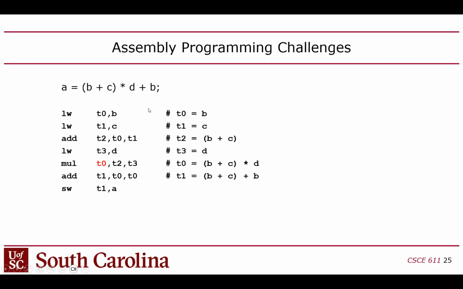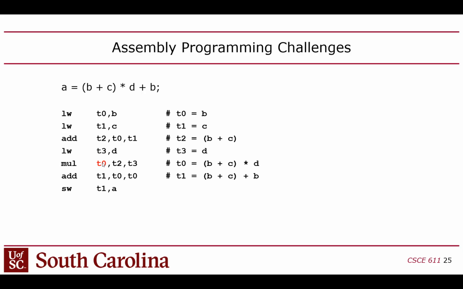So of course I could reload B if I wanted to, but it would be preferable to keep B alive in register T0 longer so I don't have to put that extra load instruction in there to redundantly load it twice. You see what I mean? That way I can keep the number of instructions to be one less, right? So this multiply instruction using T0 as the destination was a poor choice.